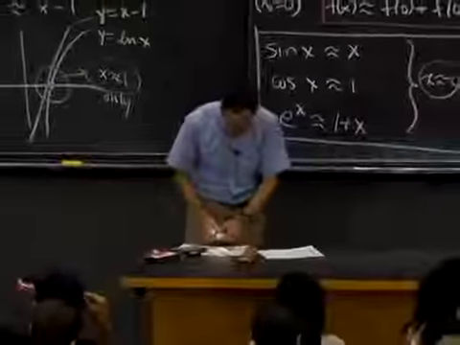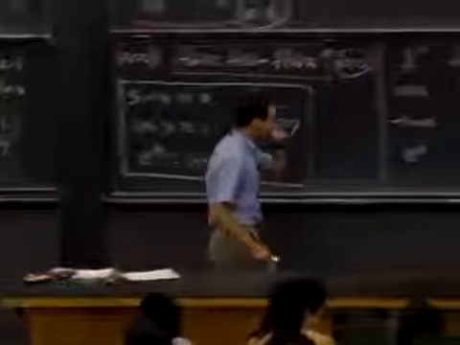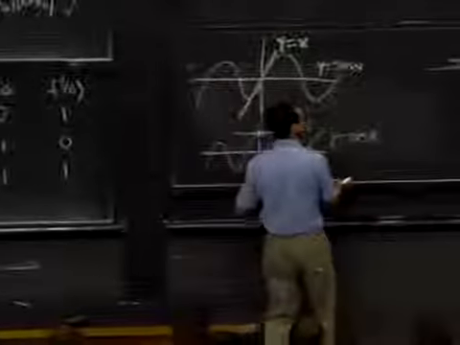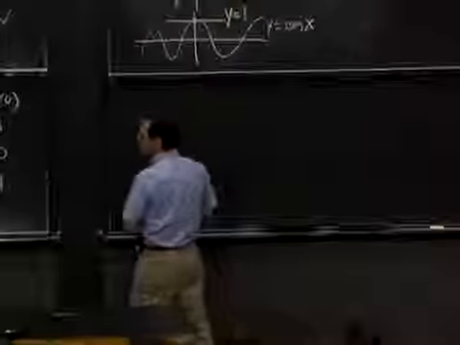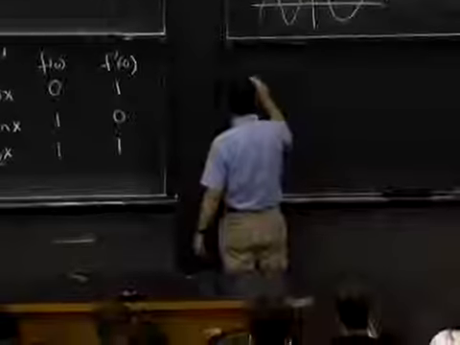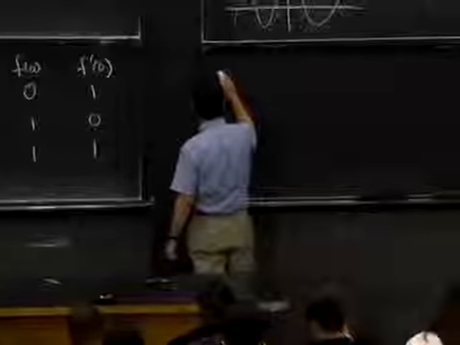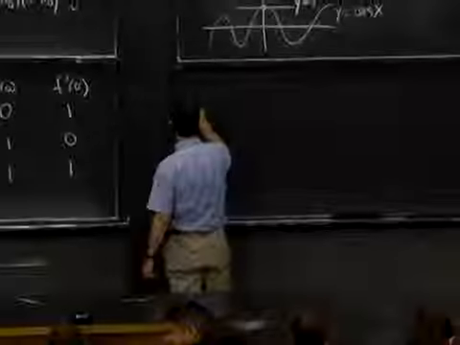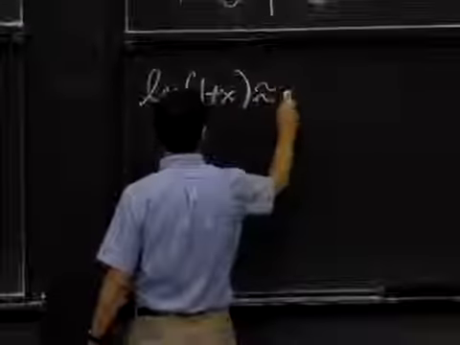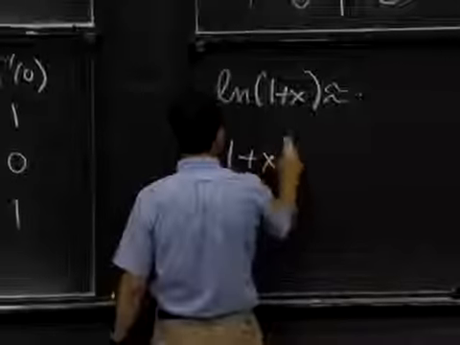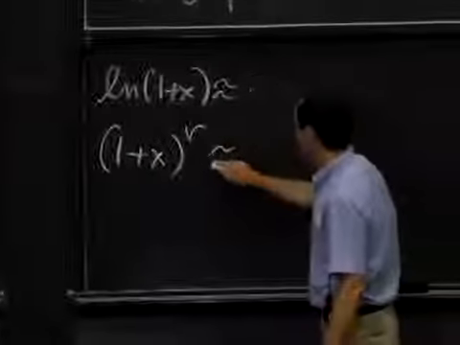Now I need to finish the catalog with two more examples, which are slightly more challenging and a little less obvious. The next couple that we're going to do are log of 1 plus x and 1 plus x to the power r.